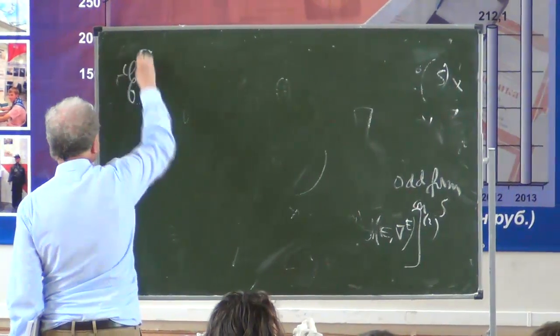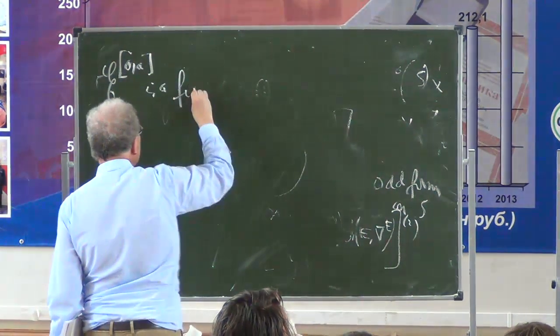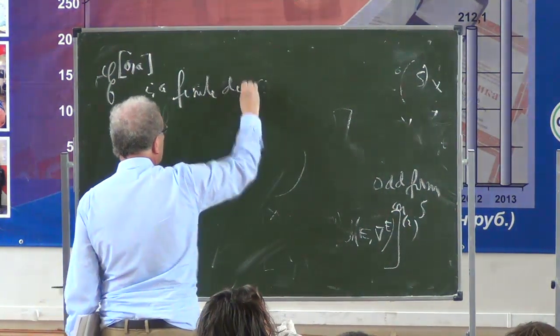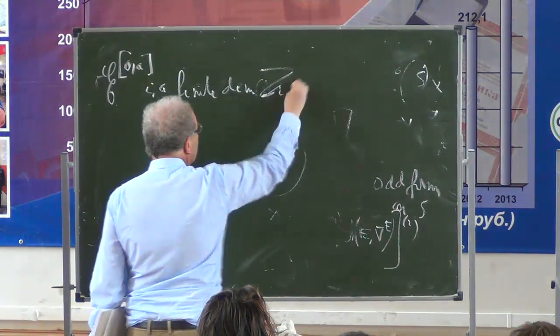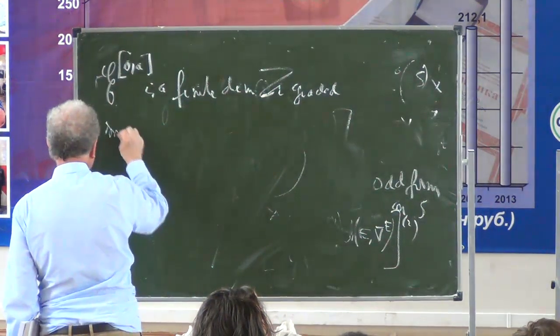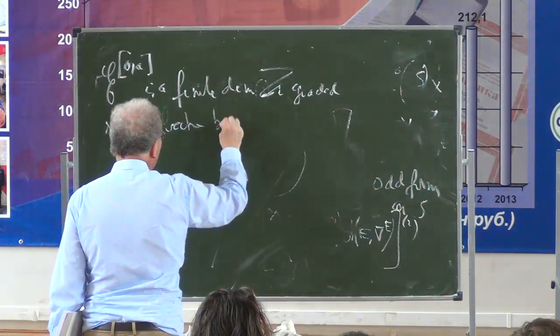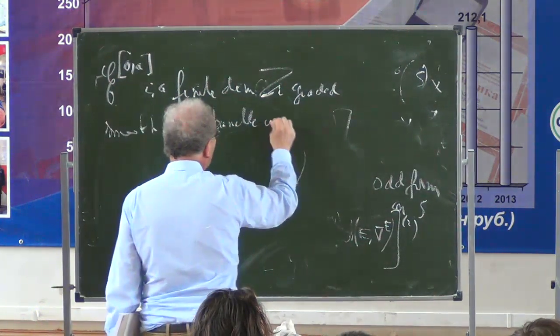So E0A is a finite dimensional Z2 graded smooth vector bundle on UA.